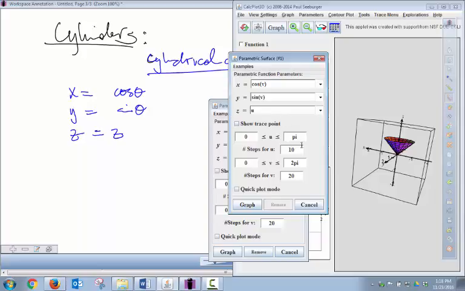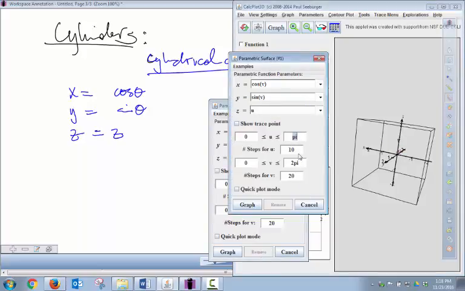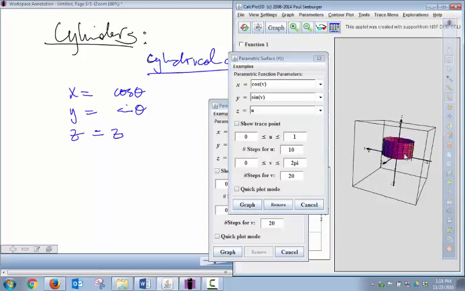And then my v goes from 0 to 2 pi if this is going to be a cylinder that goes all the way around. And my z goes from 0 to 1. So there's my cylinder. I can go from -1 to 1 to have it go down below the z-axis, because u is like the z, right?